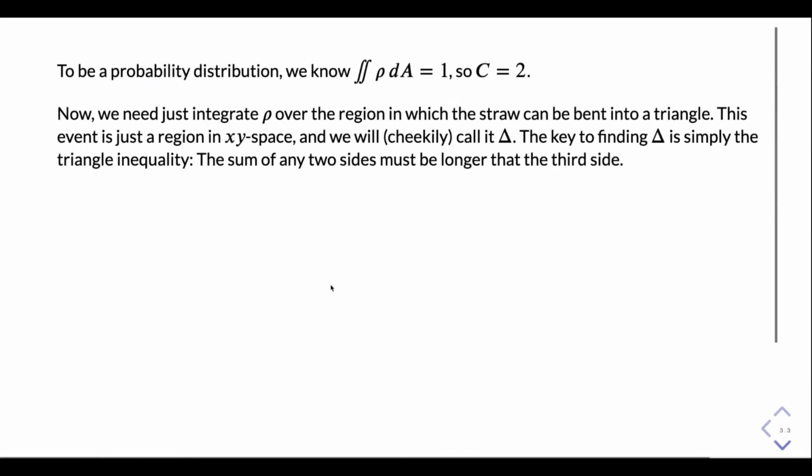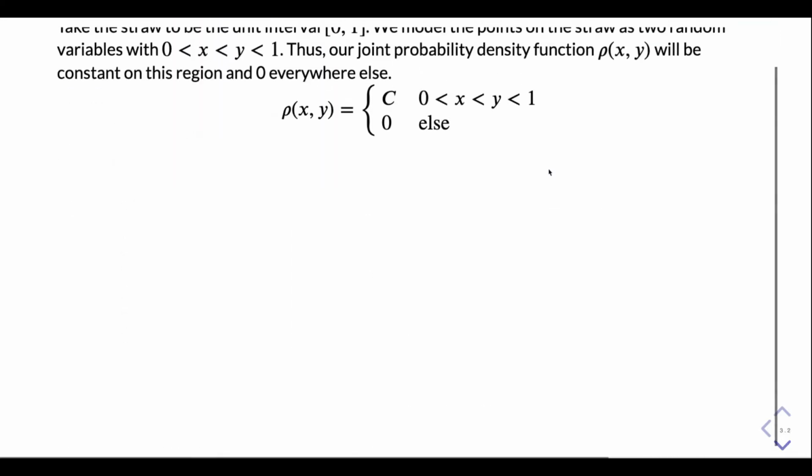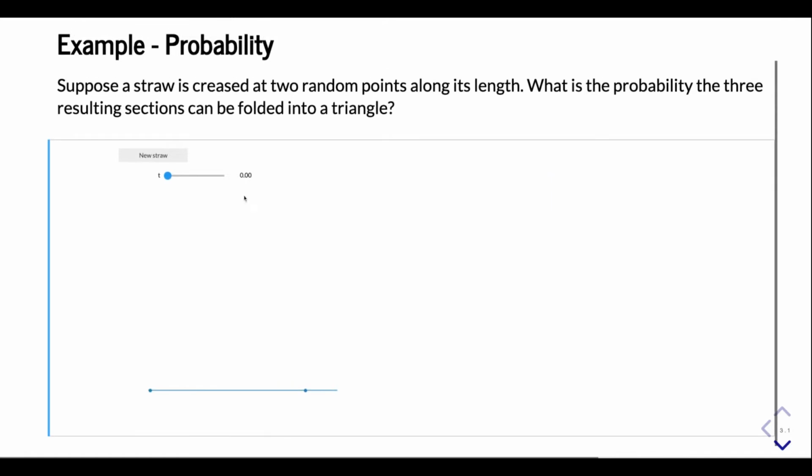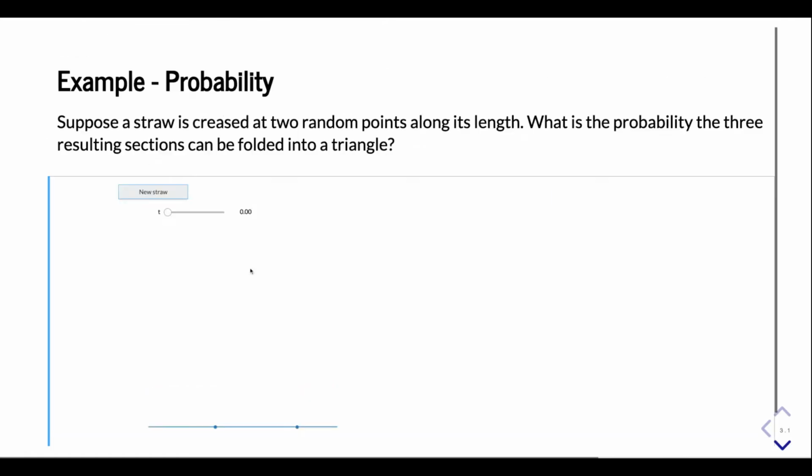Okay, so what makes a pair of points able to form a triangle? Well, the key, of course, is just the triangle inequality. The sum of 2 sides must be longer than the third side. Go back to our picture of the straw here.